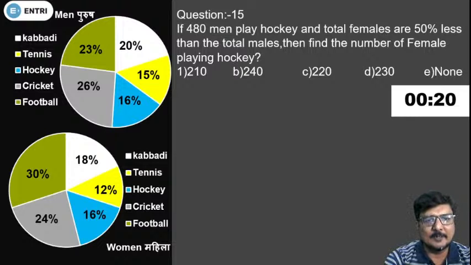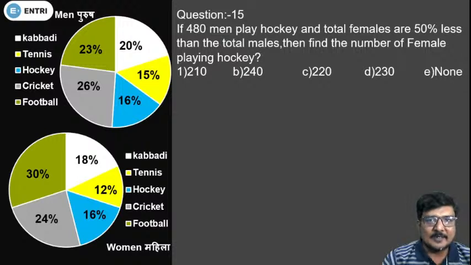Try to solve this question. Easy question, very easy question. If you have understood the concept and you are in practice with the questions, you will be able to solve this question in only 10 seconds.